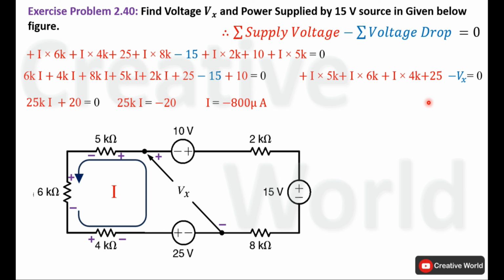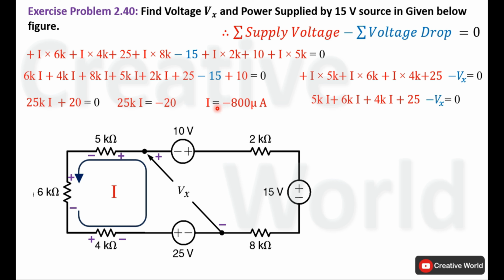Now solve this equation to calculate the value of Vx. Multiply the values of resistances and currents together. The equation will become 5kI plus 6kI plus 4kI plus 25 minus Vx equal to 0. Now place the value of current I inside this equation, which we have previously calculated.